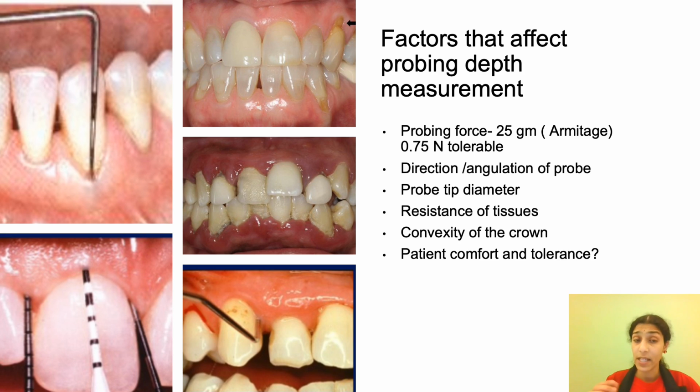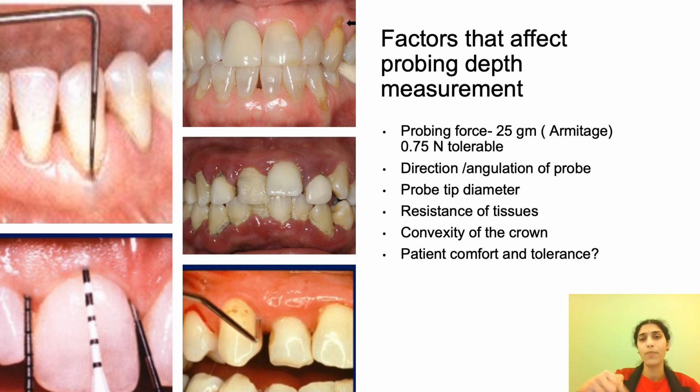And it also depends upon the direction or the angulation of the probe, okay? If you angulate the probe, then accordingly the measurement or the reading can vary. Probe tip diameter: if the probe tip is so blunt and of wider diameter, will the probe go into the gingiva or the soft pocket easily?